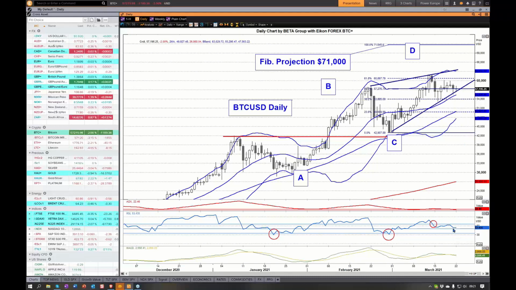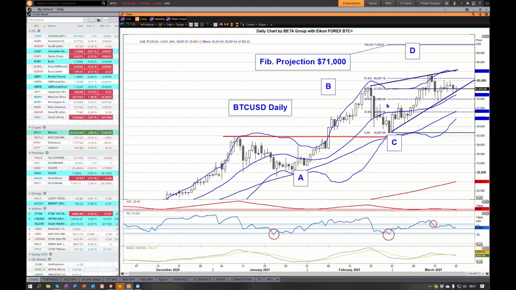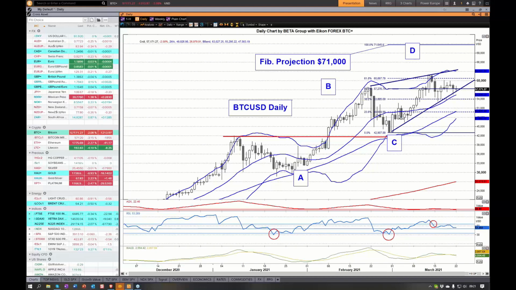The RSI is not really saying much. It's about neutral. The MACD is negative, reflecting this stalling point here. But it's a good place to hold if it's going to hold. If it doesn't hold, then I'll be looking first to the 38.2, which is 3885. But I've got a feeling that, no, it's not 38.8, it's 61.8 actually. Yes, 61.8.